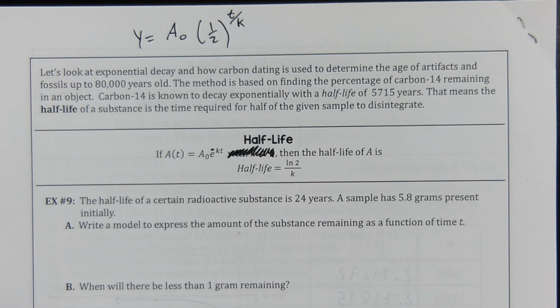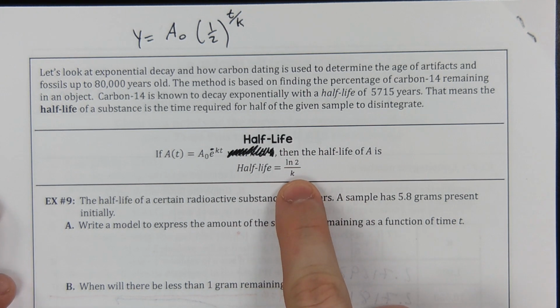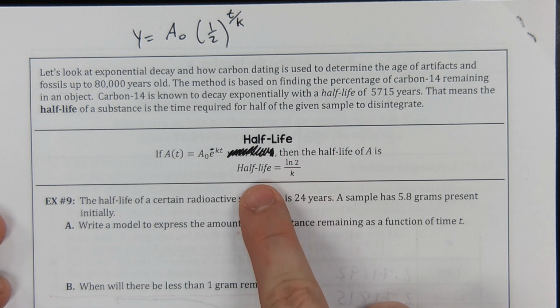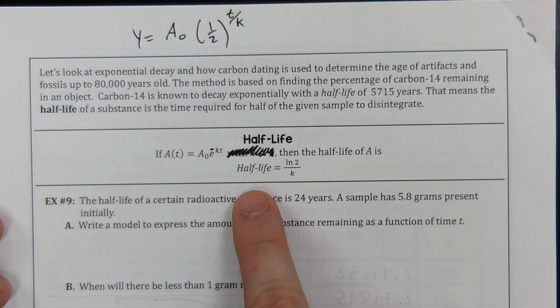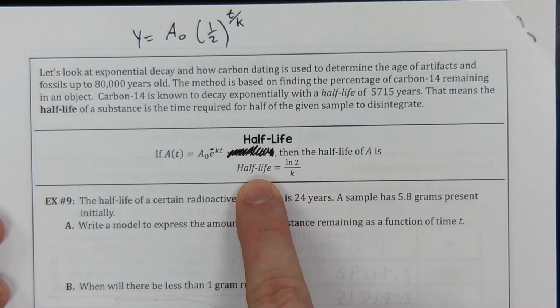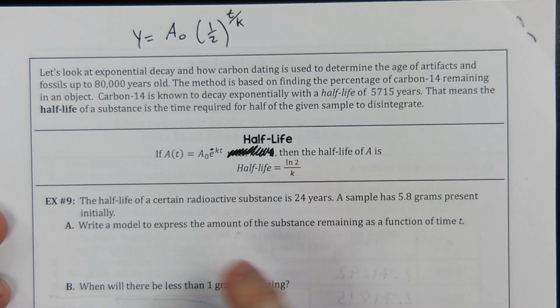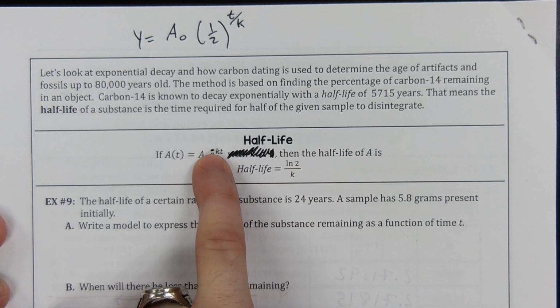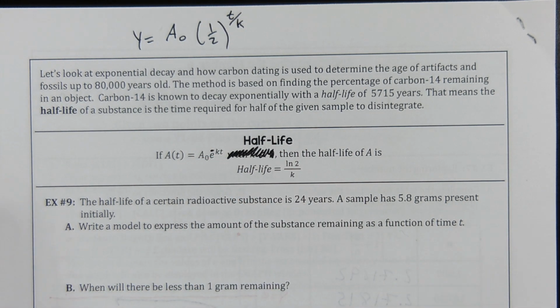When you're talking half-life terms, you need to know k, which we would call its decay rate, in order to figure out how long the half-life is. But a half-life is a positive unit of time, right? Well, since ln of 2 is a positive number, in order to get a positive here, you would need k to be a positive number. We put the negative sign in the formula because we know it's actually decaying. Okay? So no, it needed to be in the video.